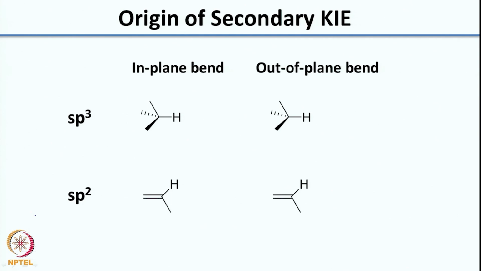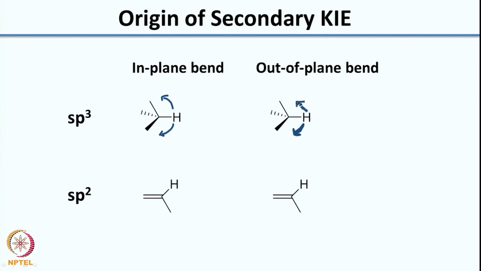In an in plane bend you will have this CH bond moving in the plane of your screen. In the out of plane bend, you can imagine this bond moving out of the plane. So, you can imagine it moving perpendicular to the plane of your screen.